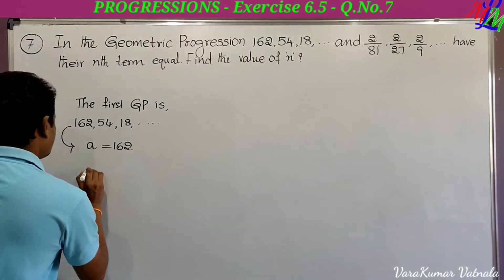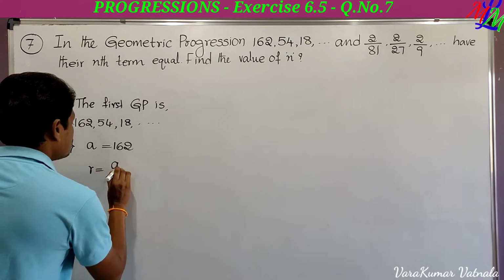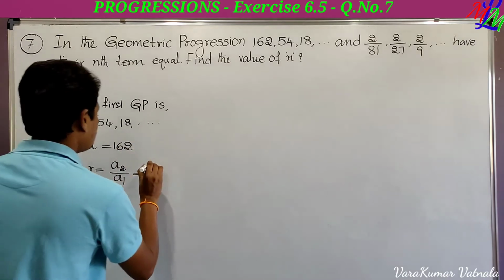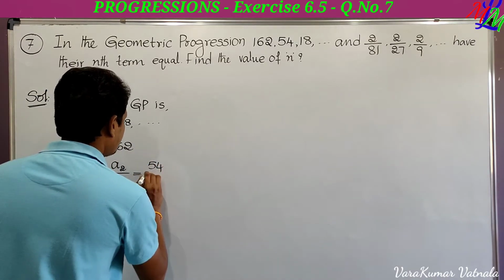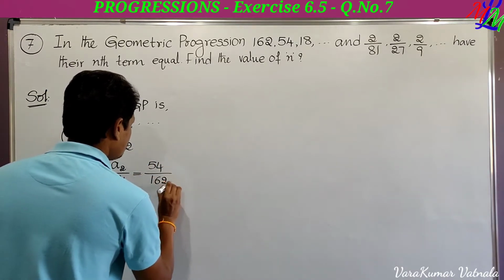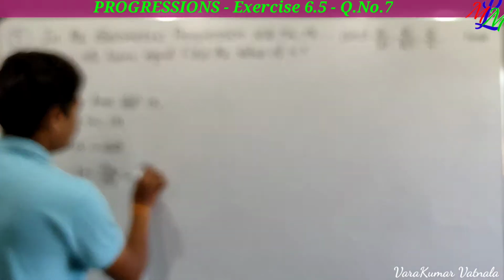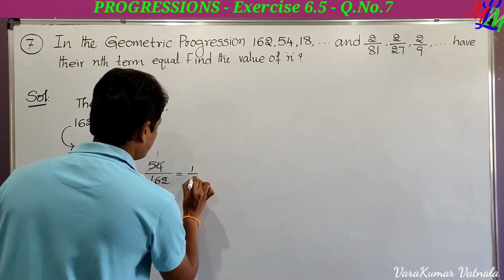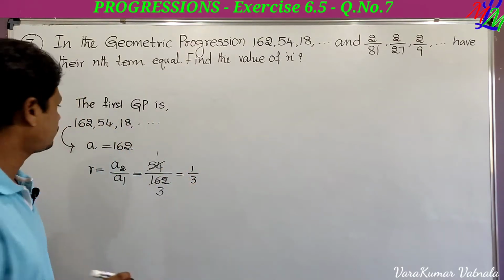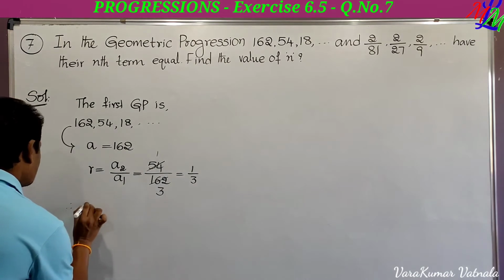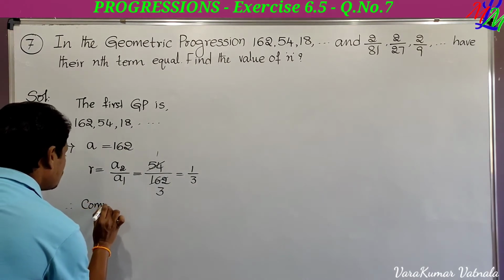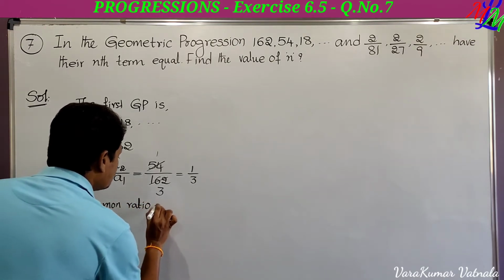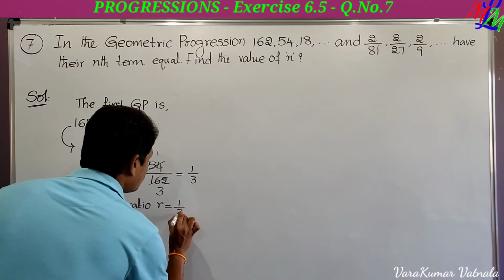We have a2 is equal to 54 and a1 is 162. Here we can directly cancel: 54 ones are 54 and 54 threes are 162. We get 1 by 3. Therefore the common ratio of the first GP, r is equal to 1 by 3.